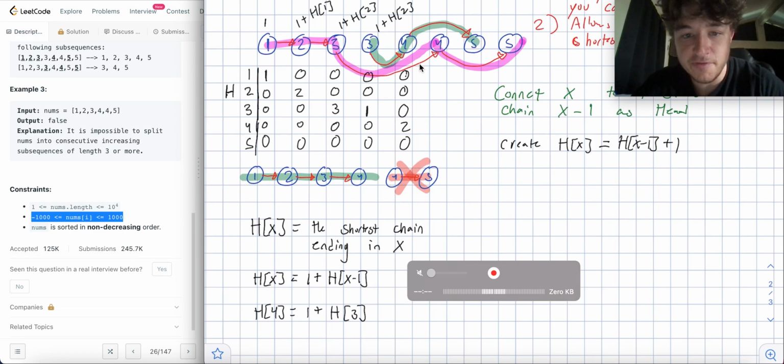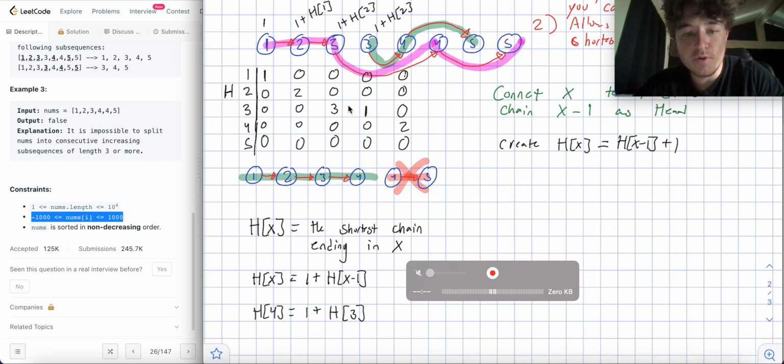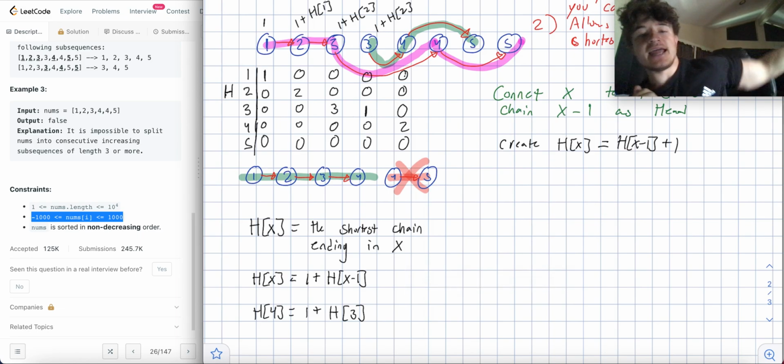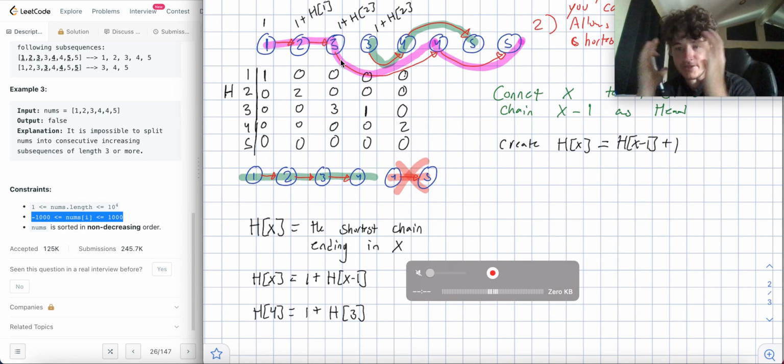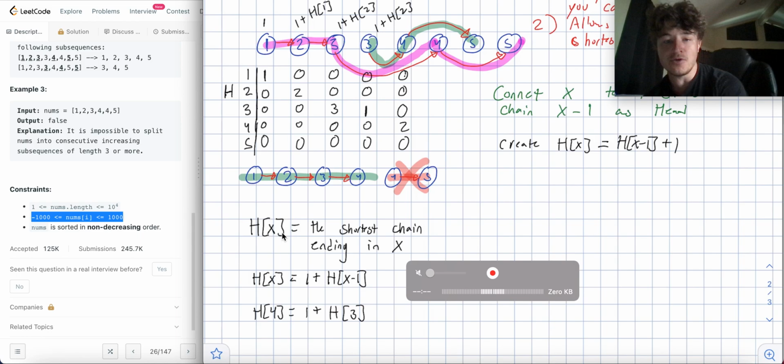At this instance, before I connect this 3 to this 4, there's still this 3 here alone, but this is saying the longest head at 3 is 0. Well, that's because I can't replace this with 1, right? I need to keep track of all the heads that end in 3. I need to keep track of everything that ends in a value, because once I replace it, right?